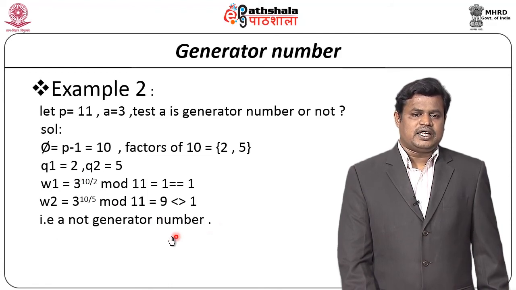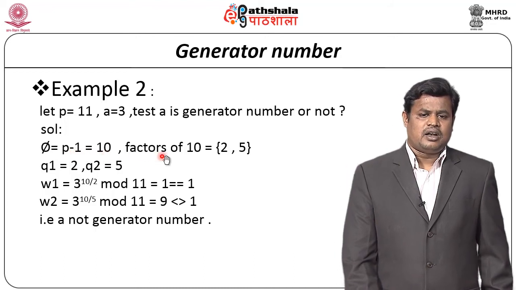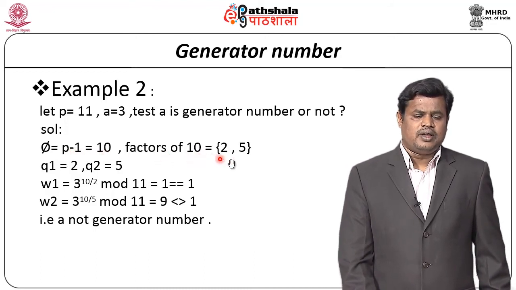Similarly, let us take the case where a is equal to 3 and test whether 3 is a generator number or not. Now I am doing the same series of tests. First I find phi of p, that is p minus 1 equal to 10, and the factors, as we already know, are 2 comma 5.